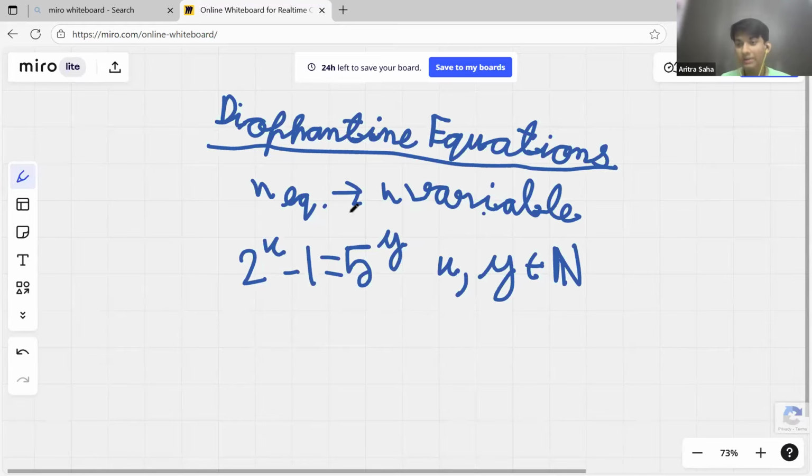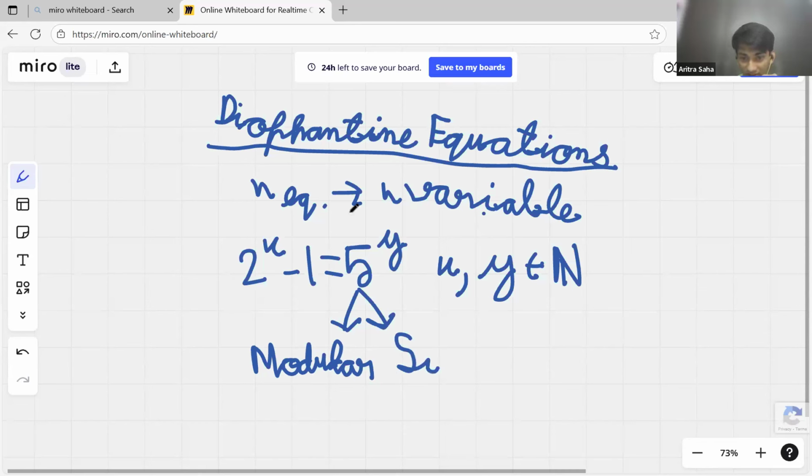You will have a couple of different approaches to go about it. There are two main approaches: one is modular contradiction and one is size contradiction. There are also other approaches which I will discuss at the end of the class.